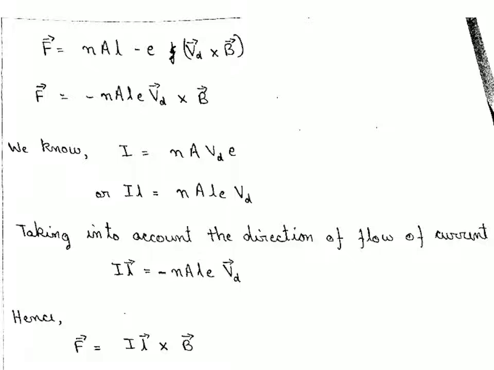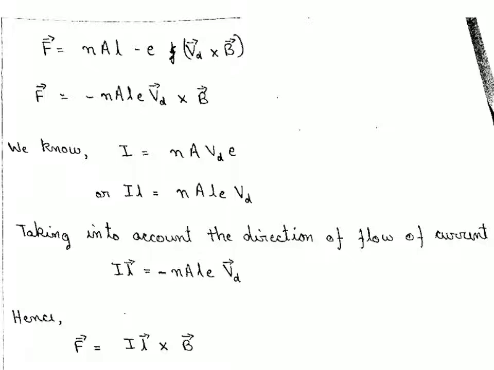It is in the direction of the flow of current. So if we take into account the direction of flow of current, the current element IL vector will be in the opposite direction of the drift velocity of the electrons. Hence your IL vector is equal to minus nALe Vd, because it is opposite to Vd.